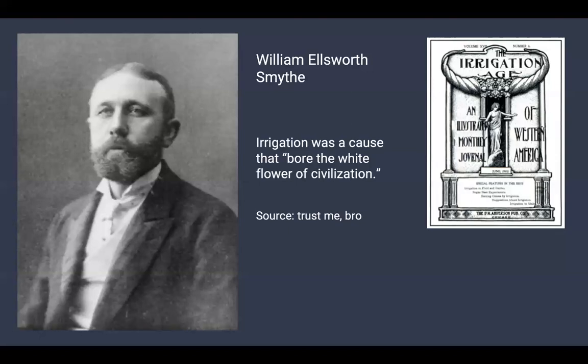The next guy is Newell, but Newlands is the guy in Nevada, and he links up with William Ellsworth Smythe. The reason is that he understands he's got to figure something out if his state is going to have a future. Nevada at the time was completely dependent on silver mining.